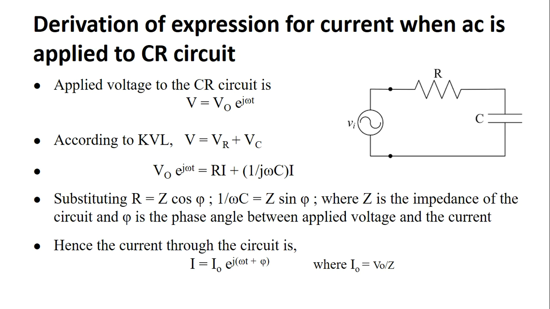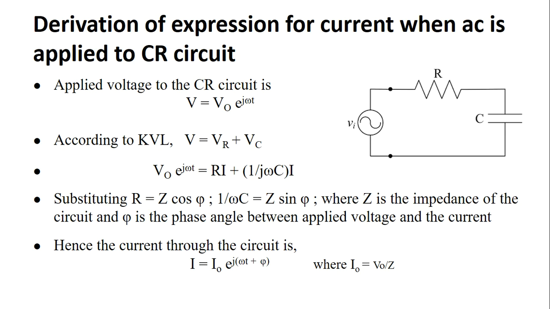Then we get the current I is equal to V0 into e to the power j omega t divided by R minus j by omega C, that is equal to V0 into e to the power j omega t divided by Z cos phi minus j into Z sin phi.